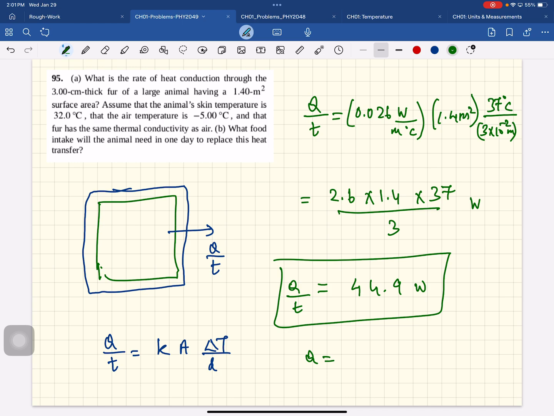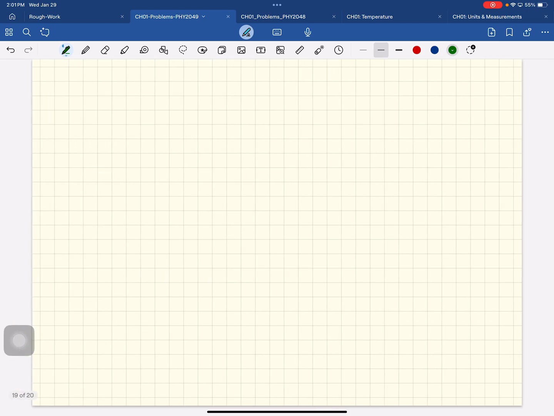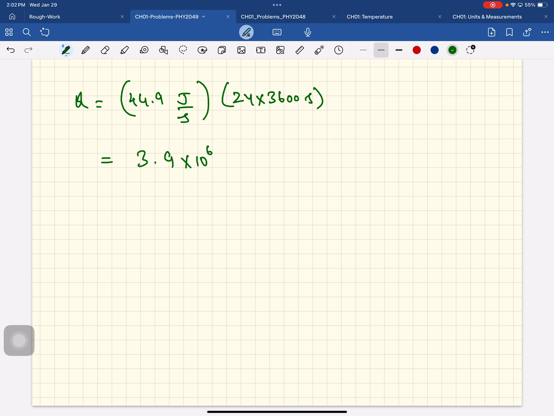The amount of heat lost is Q over T times T, and in a day, 24 hours.